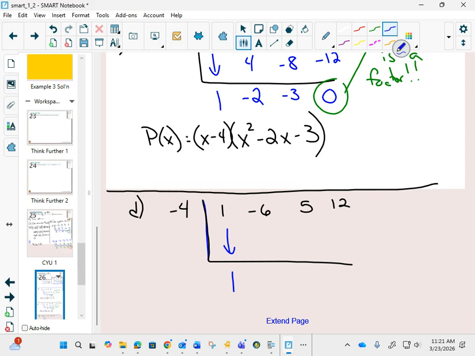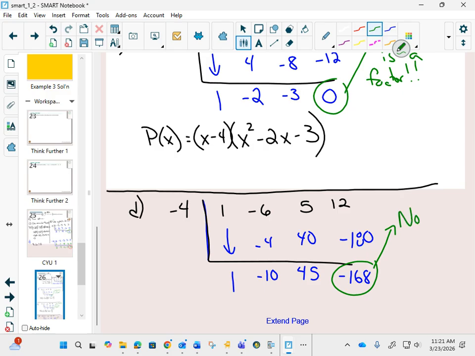Bring down the 1, multiply, add, multiply, add. Oh my goodness, it got to some big numbers. We get a remainder. The x plus 4 is not a factor. But we did find 3 factors.